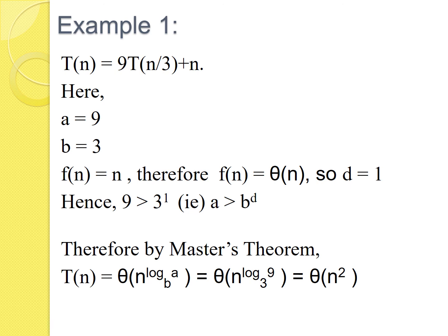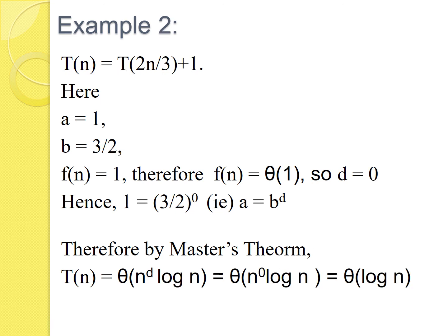The value of d is obtained from the non-recursive part of T of n, which is n. So, applying the Master's theorem for the case a greater than b power d, we obtain the time complexity of the recursive function as theta of n square.